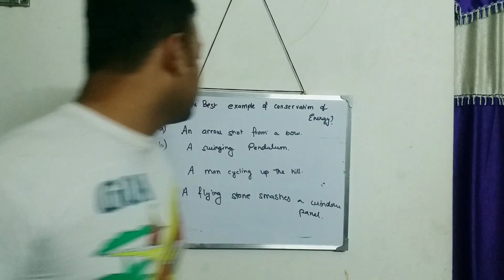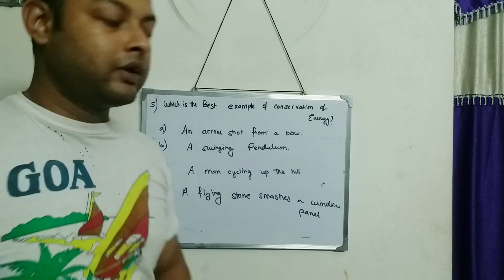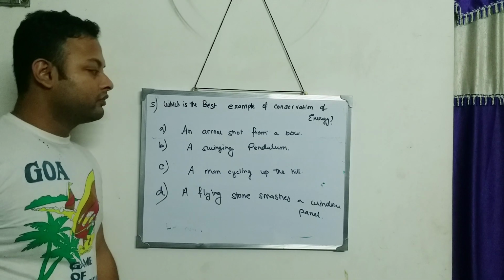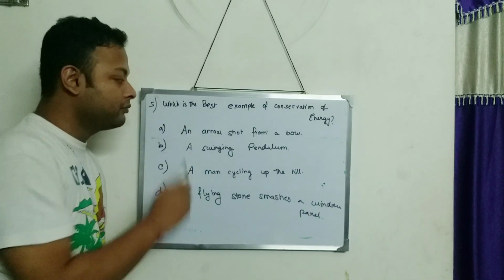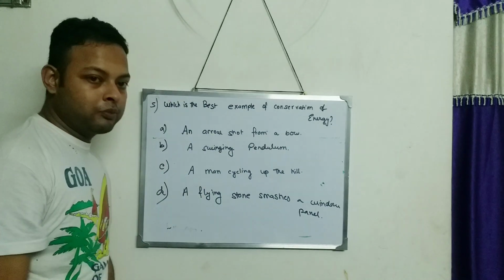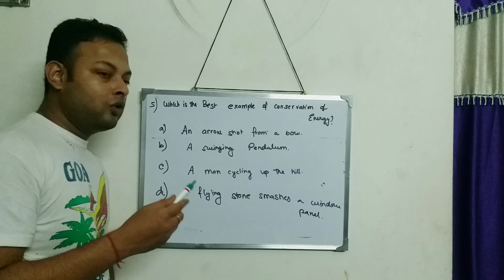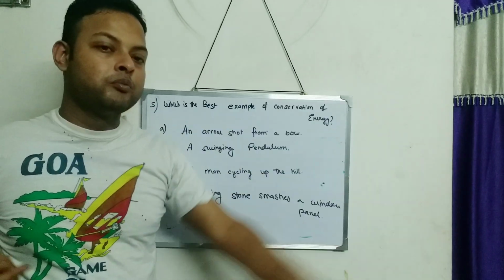Now coming to question number 5. Which is the best example of conservation of energy? Looking at the first option, the arrow shot from the bow. After it is shot, the arrow flies forward.